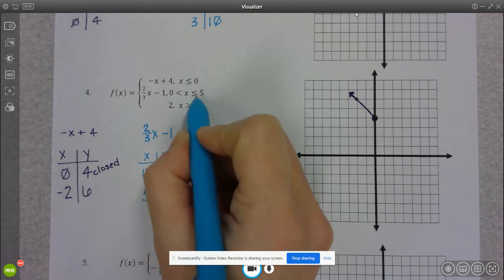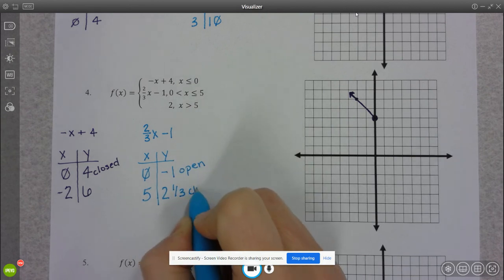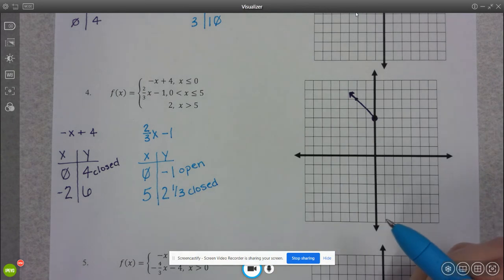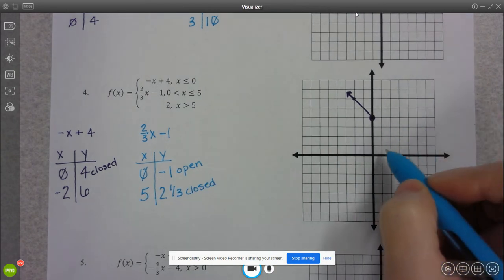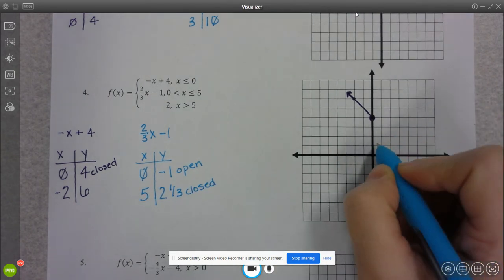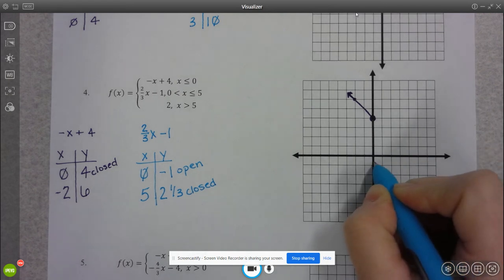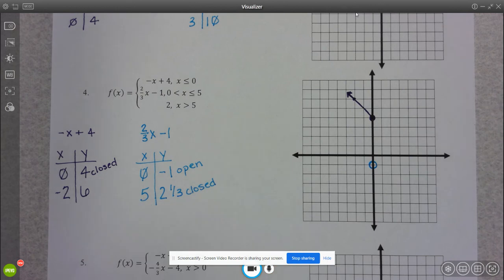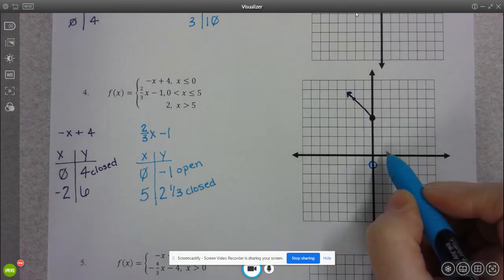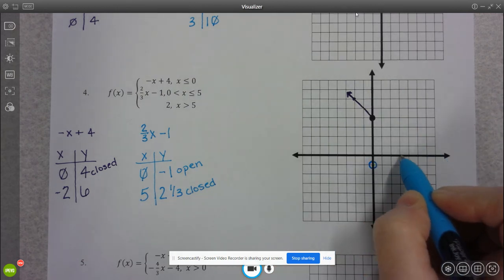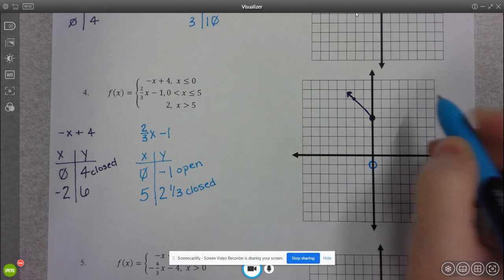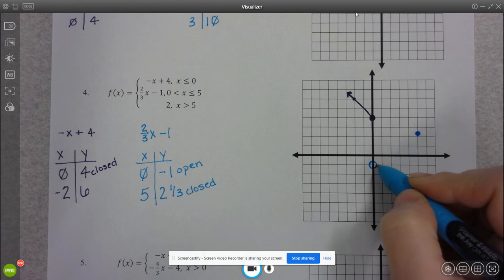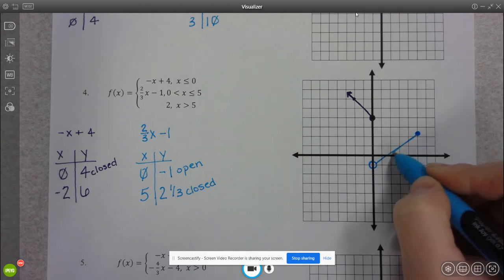This one is going to be a closed circle because it's less than or equal to. So 0, negative 1 is here. That's open. And then 5, 1, 2, 3, 4, 5, 2 1/3 is closed, and I'm going to connect in between those 2.